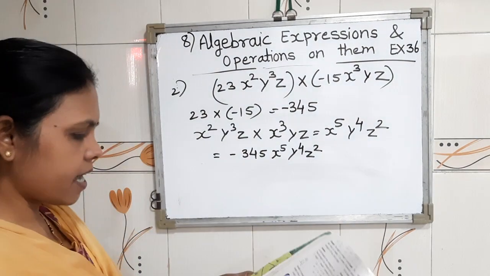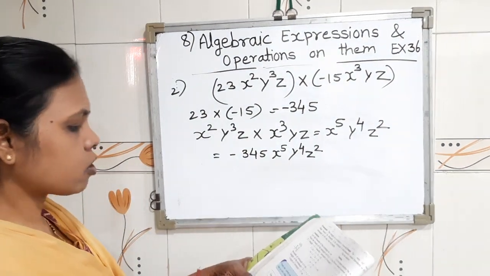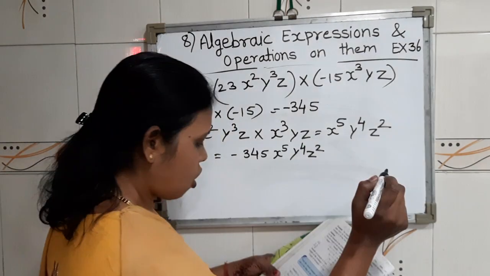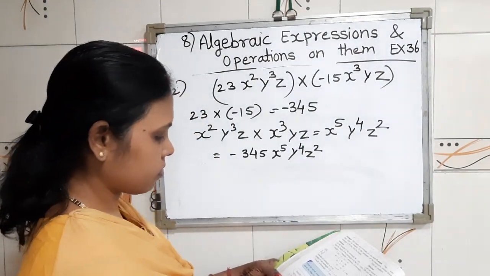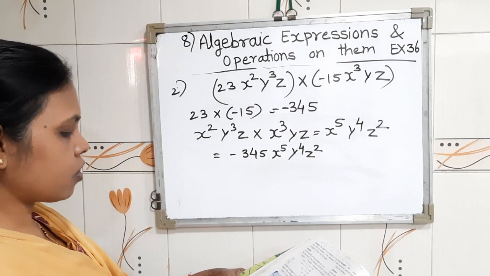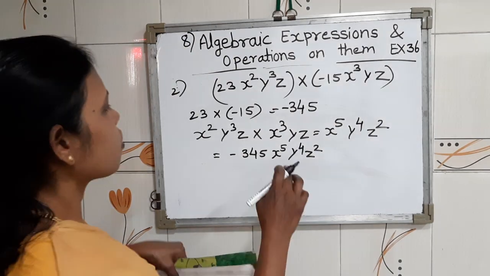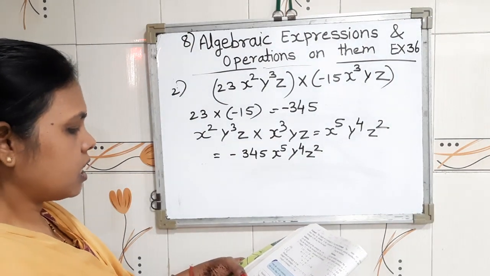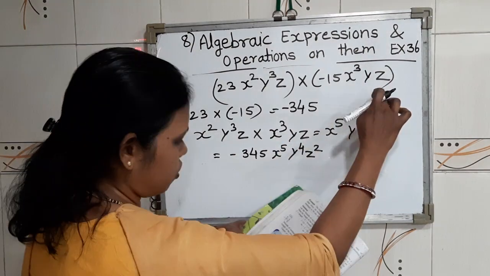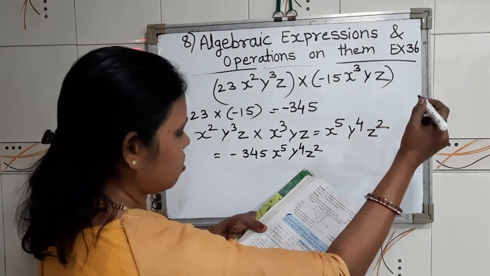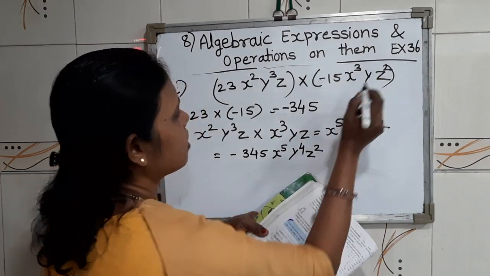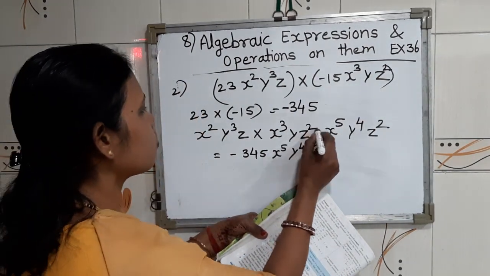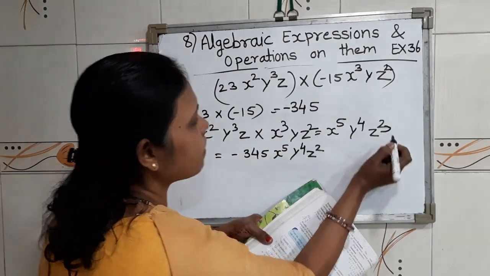Which option is there? First one. This one is option number minus 345 z. Sorry, here z how many are there? In your question z 2 is given. Therefore here also in your question z 3 will come.